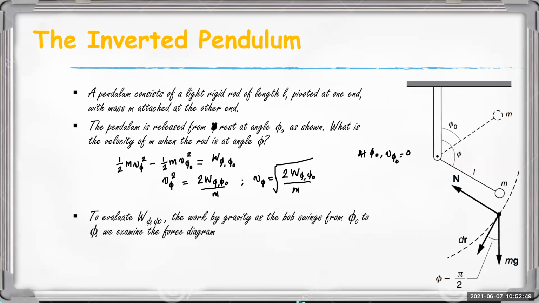The force of gravity is acting downward, isn't it? Look at the figure. mg is acting downward, and the tension on the rod, denoted by N, is always along the rod.